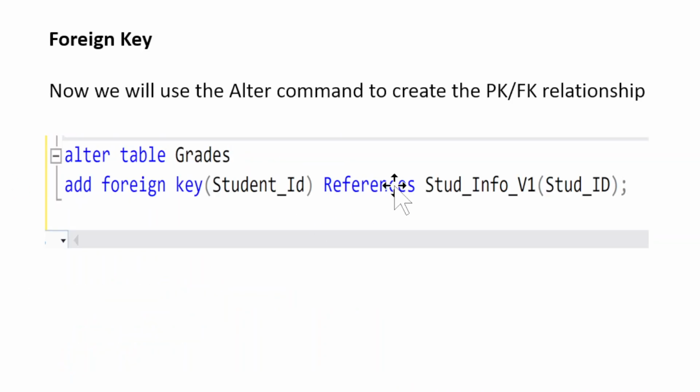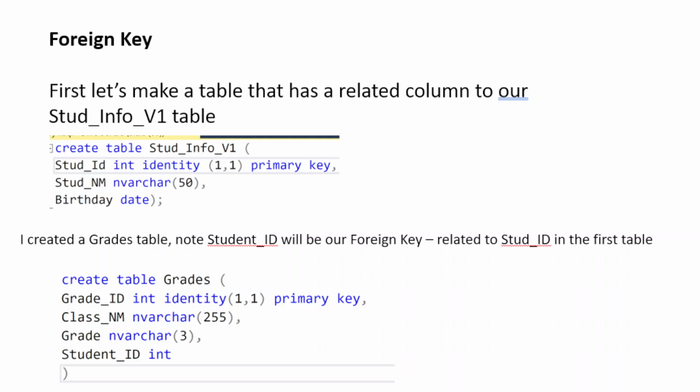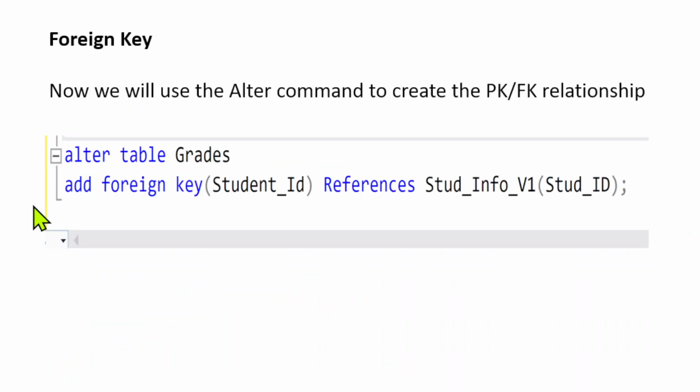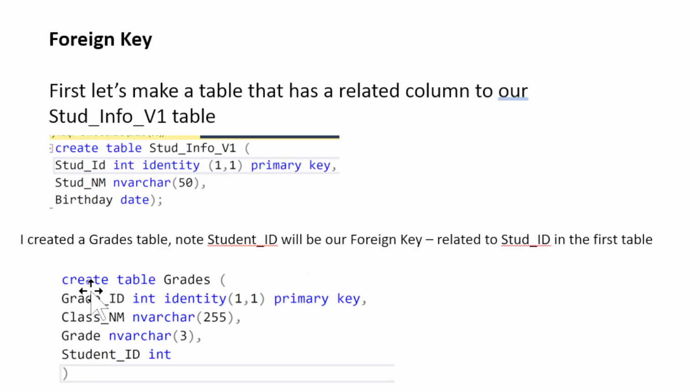Then we say references stud info v1. So it references this table, and it references stud ID. So what we're saying is alter this table, make this column a foreign key, and say that it references this table, this column. Okay. Read that over as many times as you want. You can look at other ways to add it. I'm just going to recommend this is how you do it, especially at this level when you're still getting used to this whole thing. Okay.